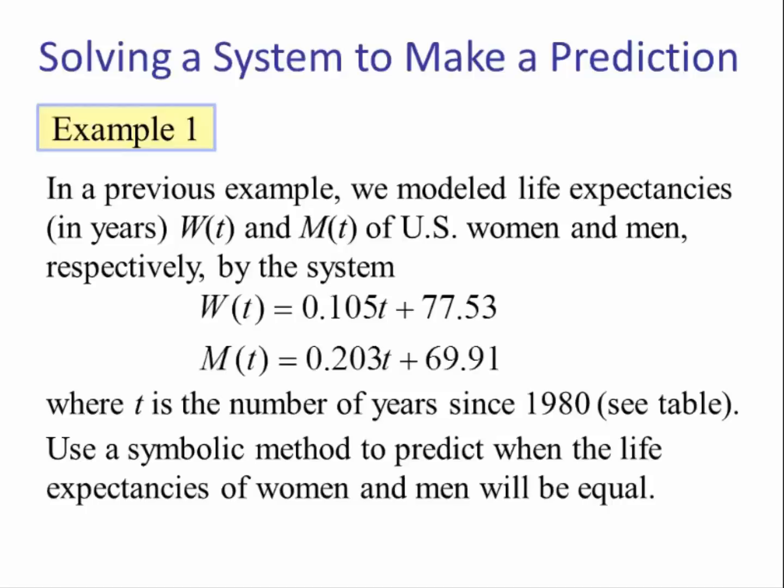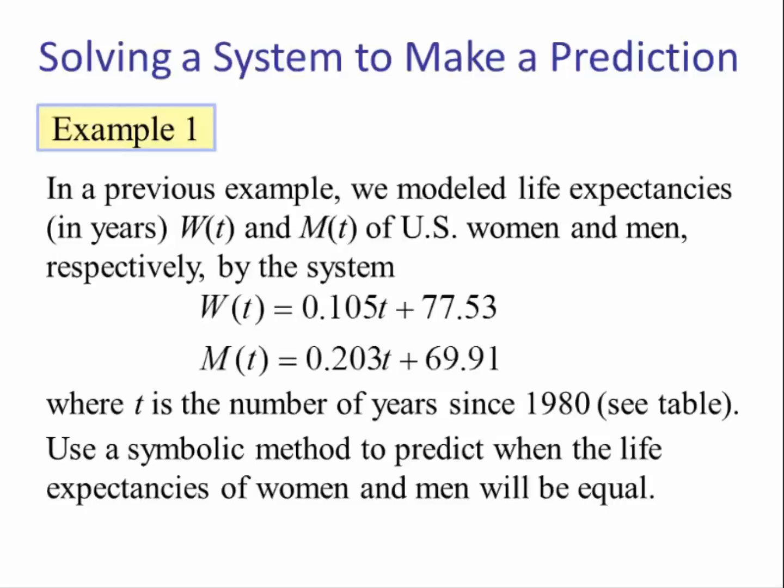Example 1. In a previous example, we modeled life expectancies measured in years, W of t and M of t, of U.S. women and men, respectively, by the system W of t equals 0.105 t plus 77.53 and M of t equals 0.203 t plus 69.91, where t is the number of years since 1980.